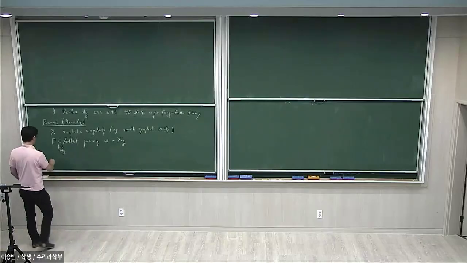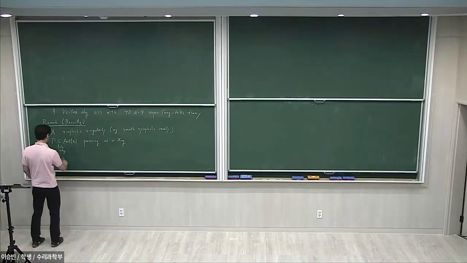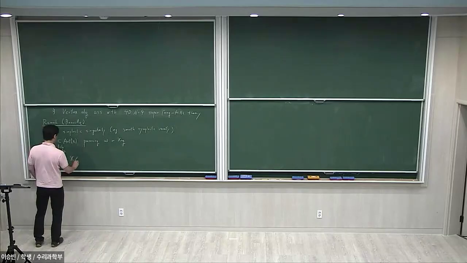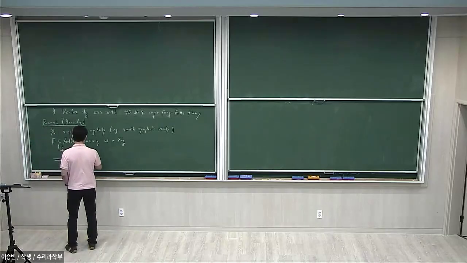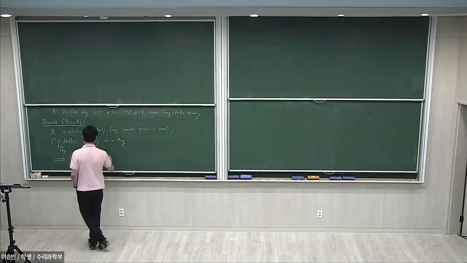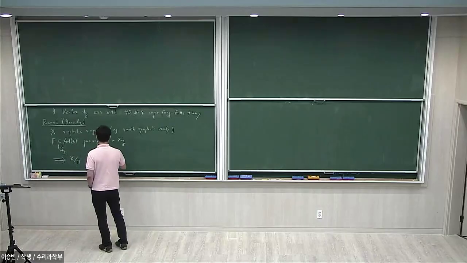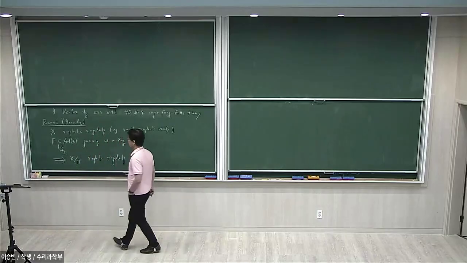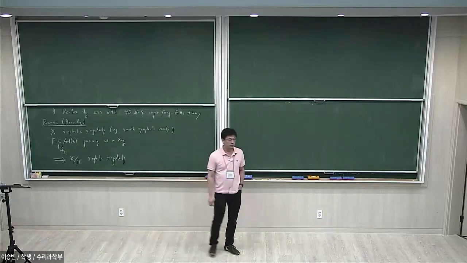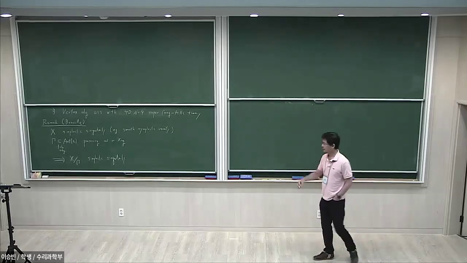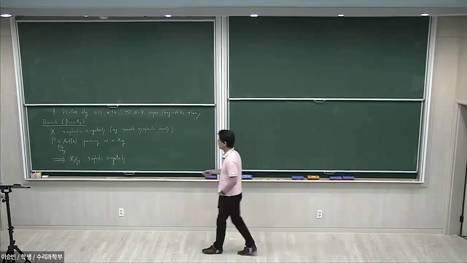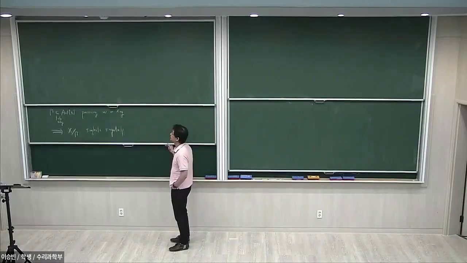Then the statement is that the quotient X by Gamma is automatically a symplectic singularity. This provides us a very easy way to construct a symplectic singularity.